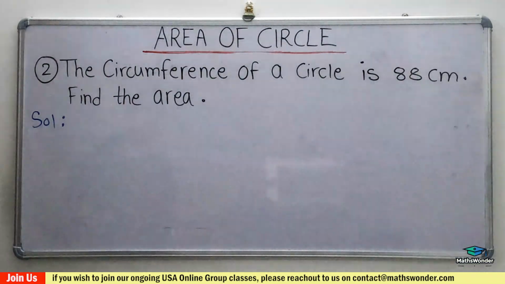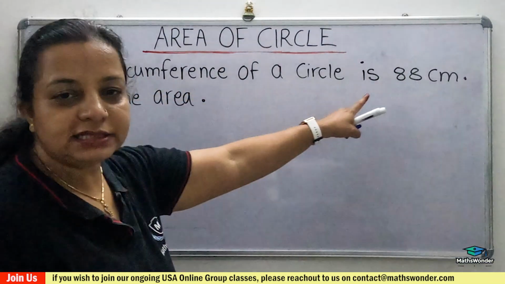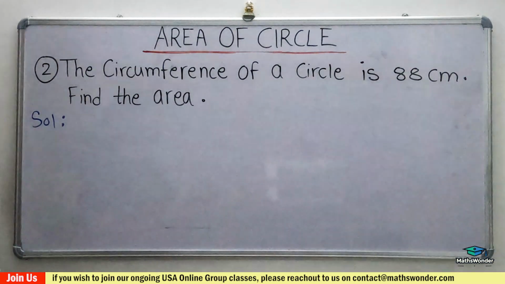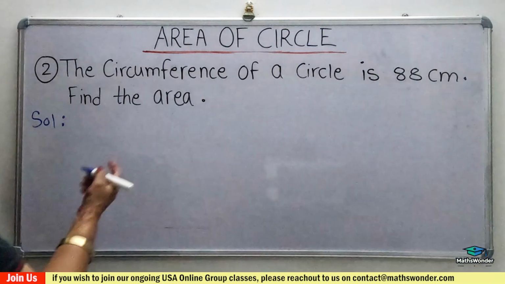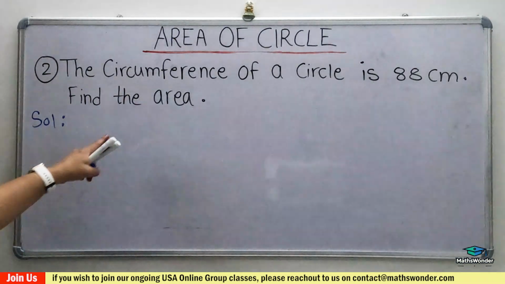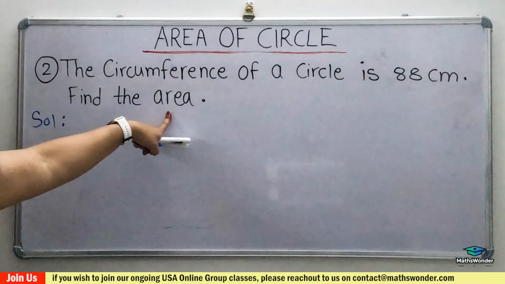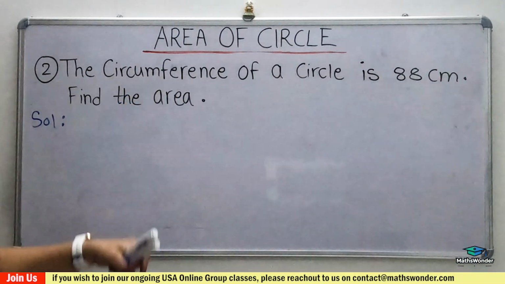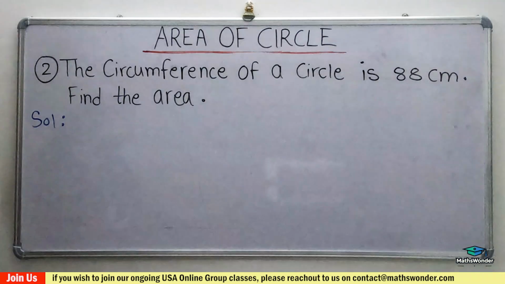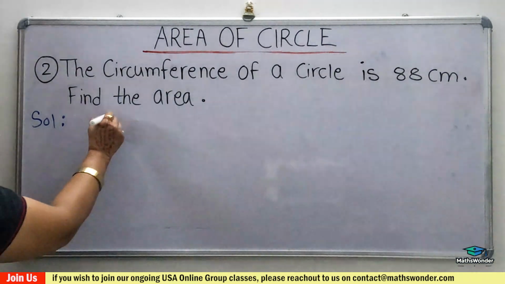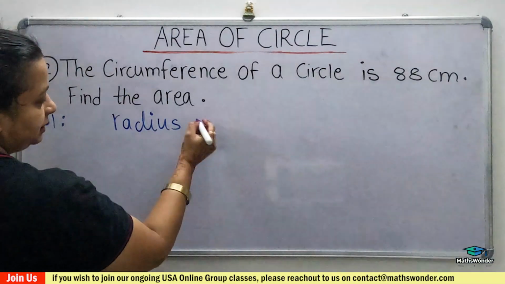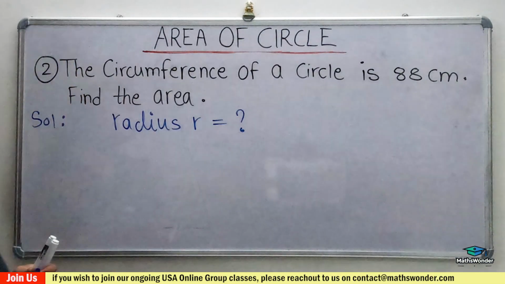Now the second question is, the circumference of a circle is 88 centimeters. Find the area. Now it's a combined question of circumference and area. When we have to find the area of the circle, you should know the radius, but radius is not given in the question. Then what to do? So we will find the radius r first of all.